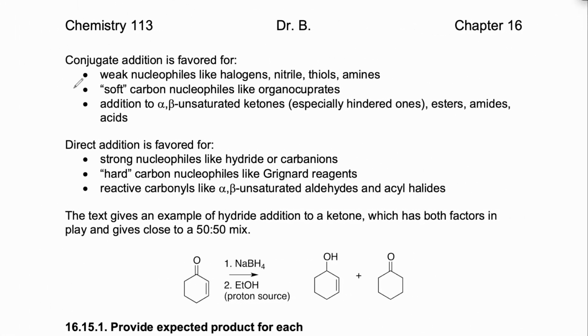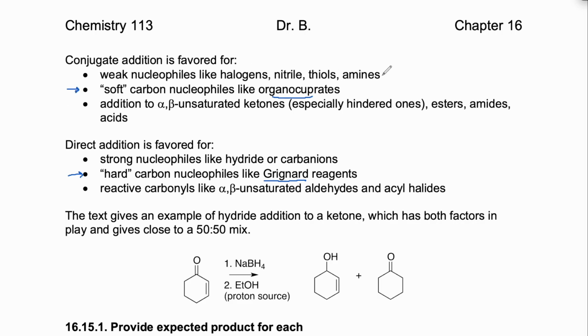So if you're trying to get a carbon nucleophile to add, you can make a choice between a Gilman organocuprate reagent and a Grignard reagent. Grignards will tend to do direct addition, and organocuprates will tend to do conjugate addition.